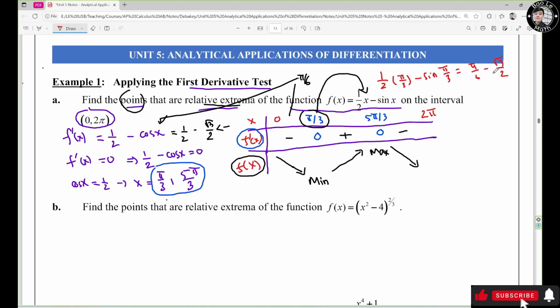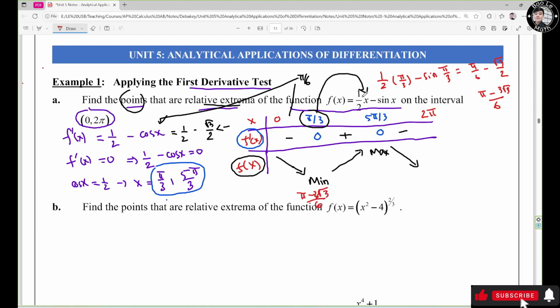I need to simplify this one. So this turns out to be pi minus 3 root 3 over 6.